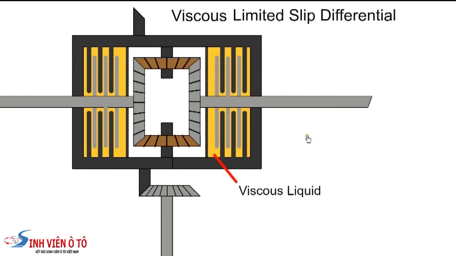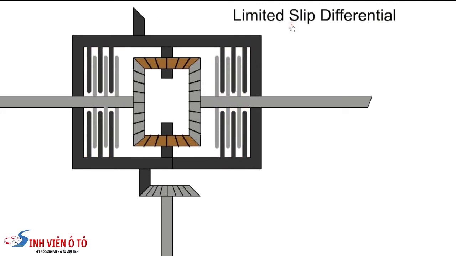The sealed chamber around the plates is filled with a thick viscous liquid. When the car travels in a straight line, both sets of plates rotate together. If one wheel slips, the plates will rotate at different speeds. The viscous fluid will allow slow relative movements of the shafts during cornering, but will oppose a high-speed difference with a slipping wheel. This type of LSD is activated by a difference in speed between the plates.